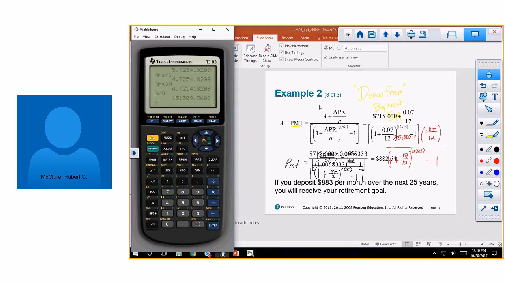It would be nice if I could erase all this stuff, but it won't let me erase it, so I can't figure it out.